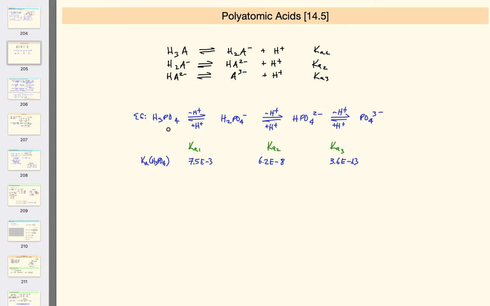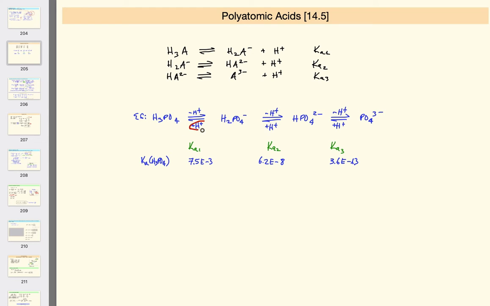So now looking at phosphoric acid, you can now see that trend. And as an example, I have each of those Kas shown. And you can see that the Ka1 is much, much larger than the Ka2, which is much, much larger than Ka3. That is a general trend and general knowledge. So the question is, how do I calculate the pH of a phosphoric acid solution?